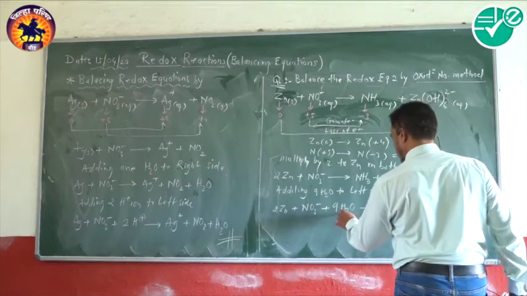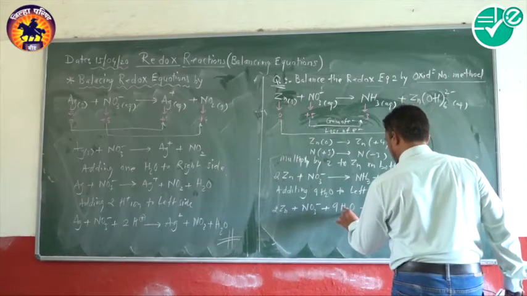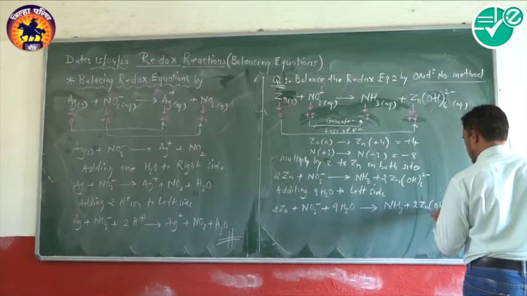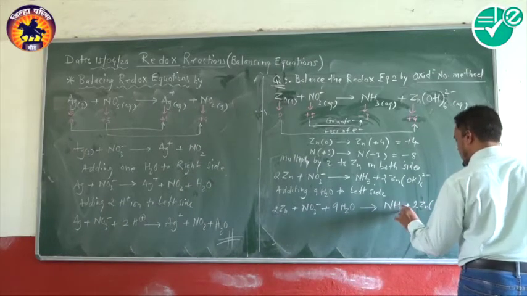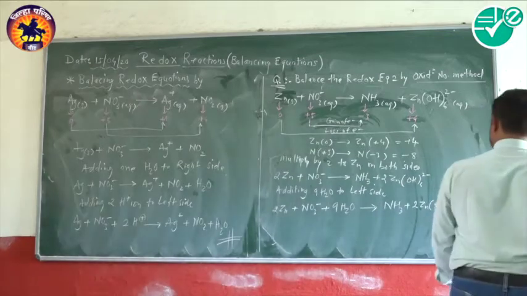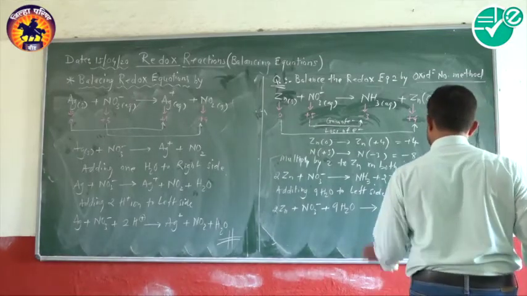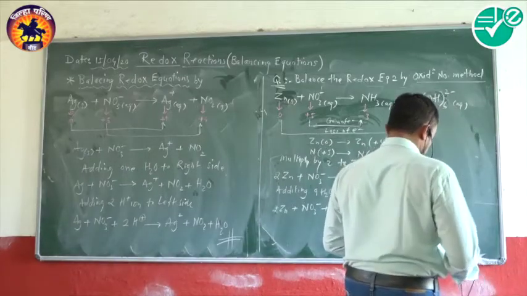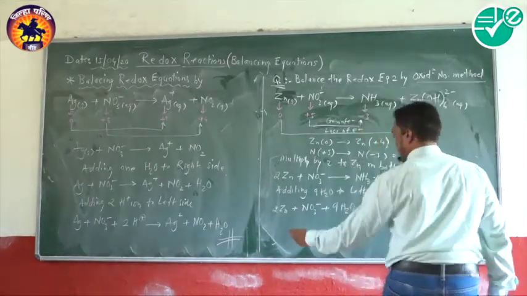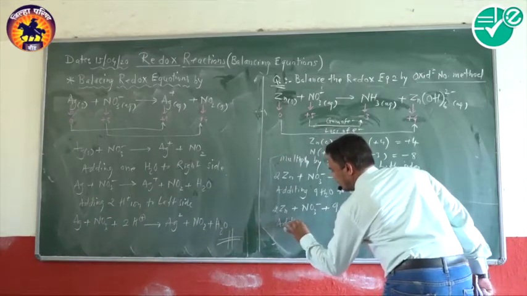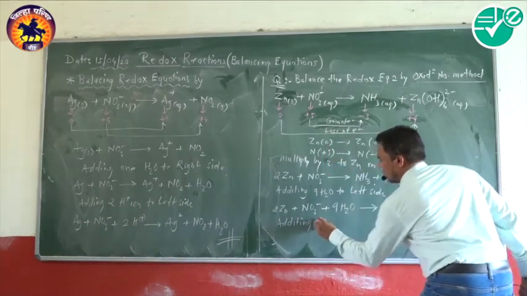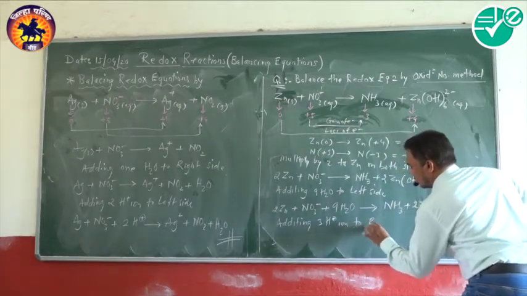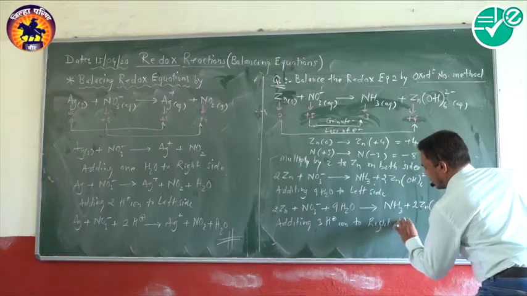Now hydrogen, total hydrogen here is 18, okay, here total hydrogen is 12 plus 3, 15. So 3 hydrogen is less on the right hand side. So we have to add 3 hydrogen to the right hand side. So adding 3 hydrogen ion to the right side.